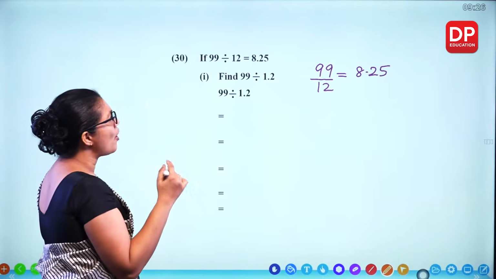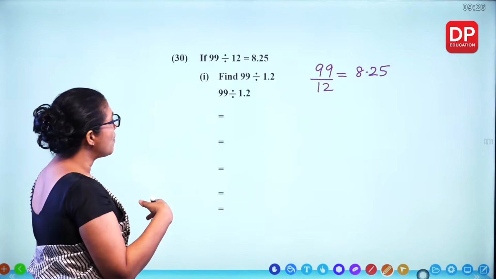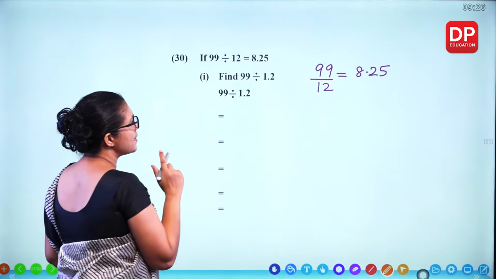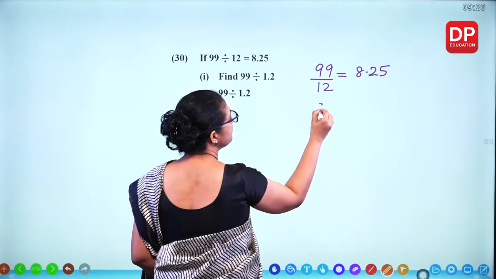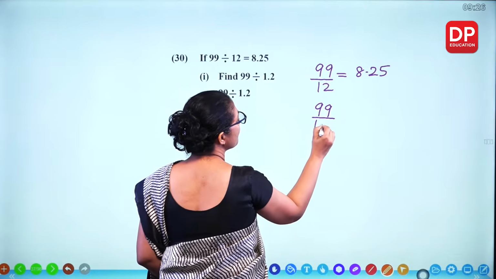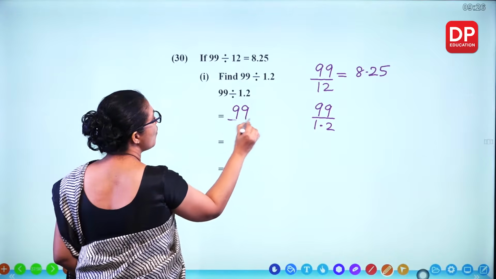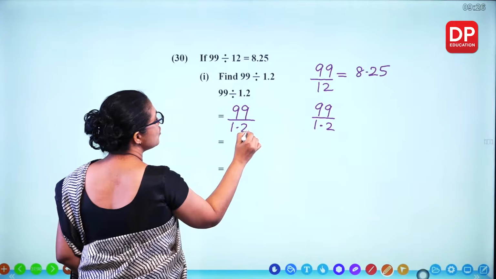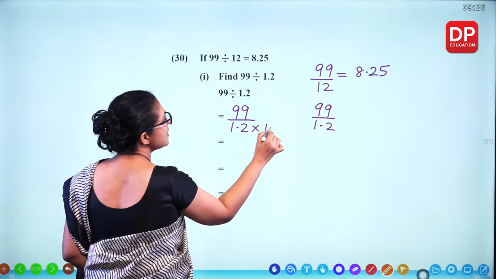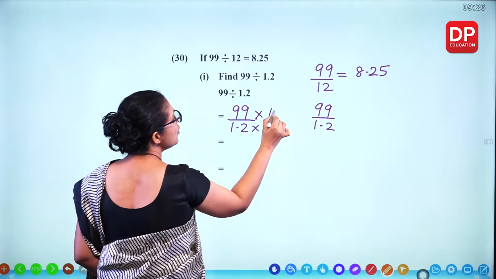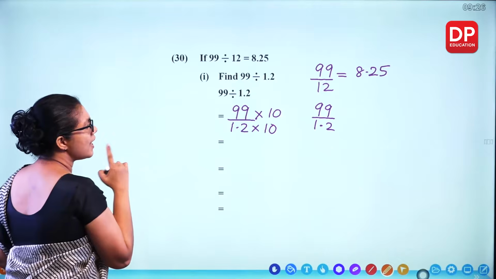There's a decimal point in the denominator. So what happens if there's a decimal point? I can write this one as 99 over 1.2 multiplied by 10, both the numerator and the denominator, to get 12 there.